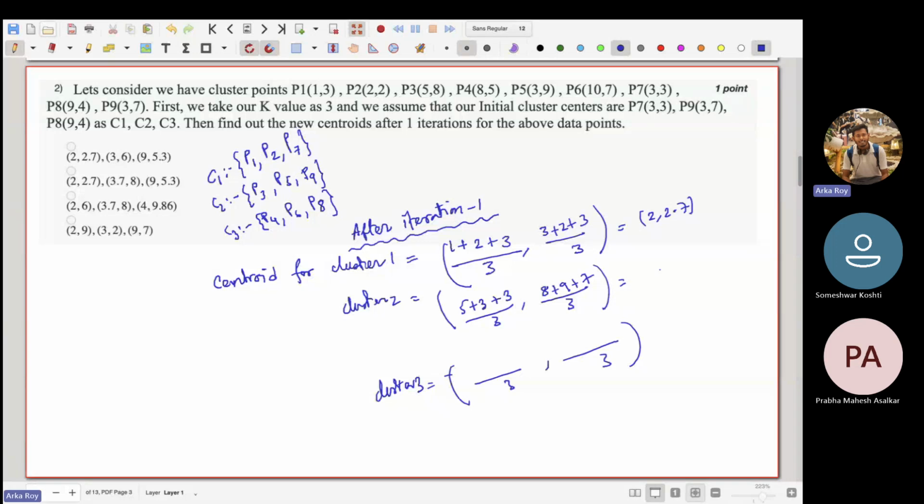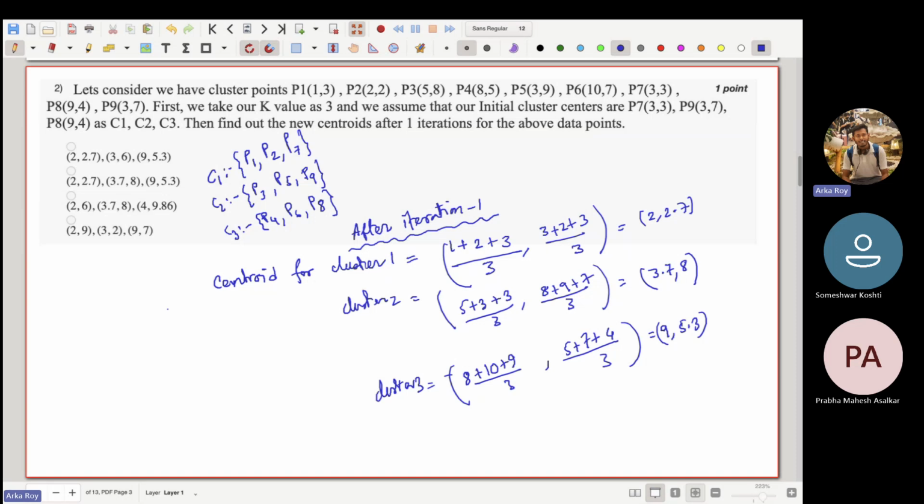So effectively this is 3.7 and 8. And over here we have 8 plus 10 plus 9 and 5 plus 7 plus 4. So this is 9 comma 5.3. So we can see that these are the new cluster centroids.